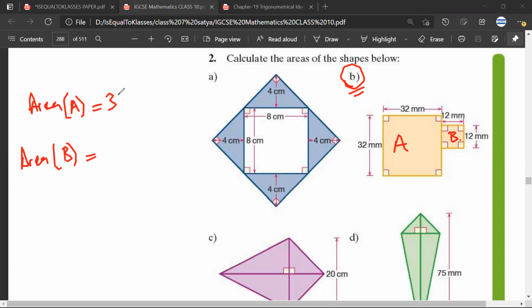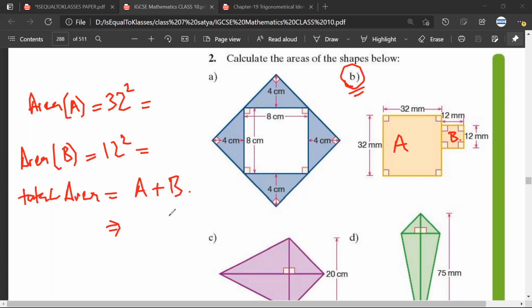It becomes 1024 centimeters squared. Area B will be 12 into 12. So it will become 144 millimeters squared. Then we can add both the areas. What will be the final answer? 1168 millimeters squared. I'm sorry, 1168 millimeters squared. Satya, is it correct? Yes, sir.